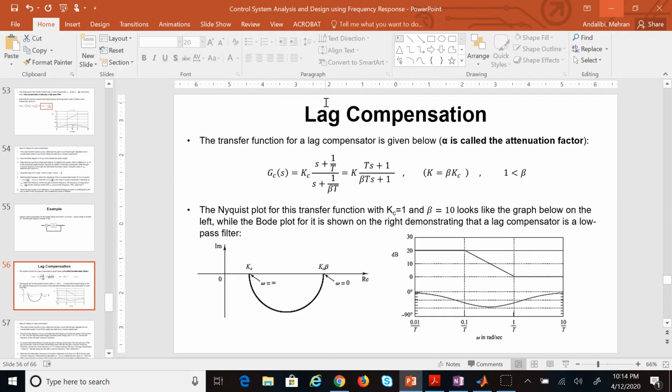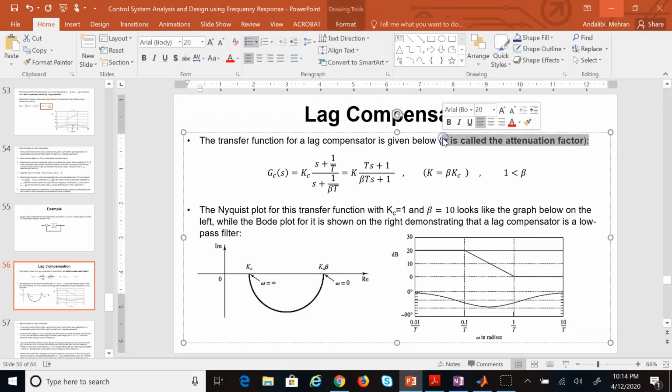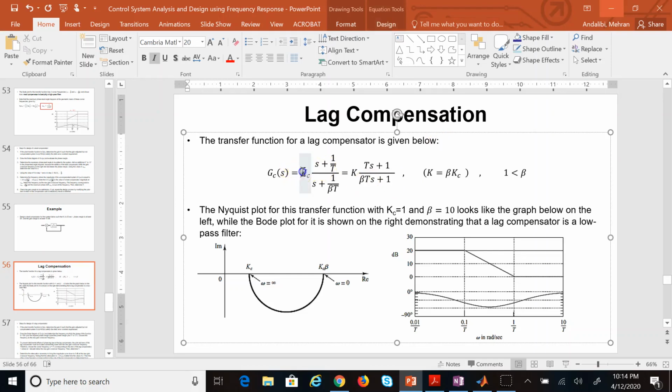So if you remember, a lag compensator from the chapter 6 Ruth Lucas, it has a transfer function like this: Kc times s plus 1 over T divided by s plus 1 over beta T, where beta was bigger than 1.